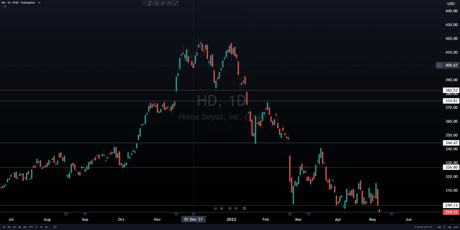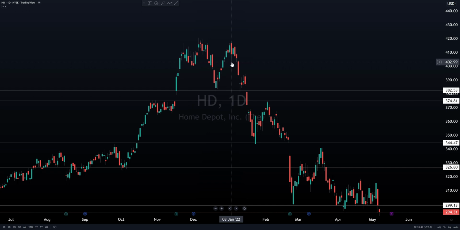So is it a decent support? It's okay. It's nothing great. Do I want to pay attention to it? Yeah, I'll pay attention to it, but I don't want to know exactly here. I'll probably look at this right here, at the base of this candle, right? So I want the base of that candle, the bottom wick of this candle.